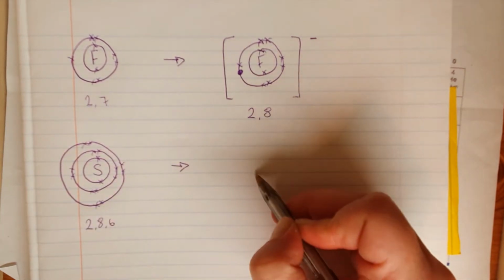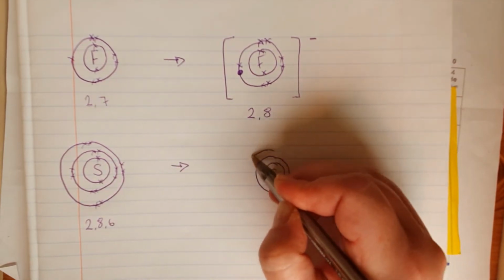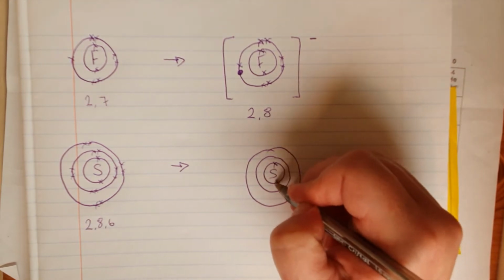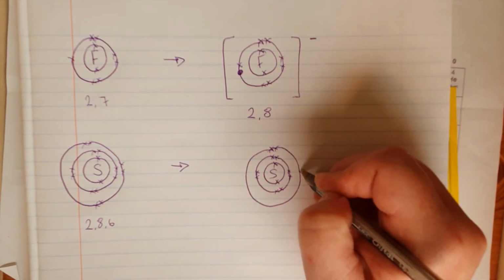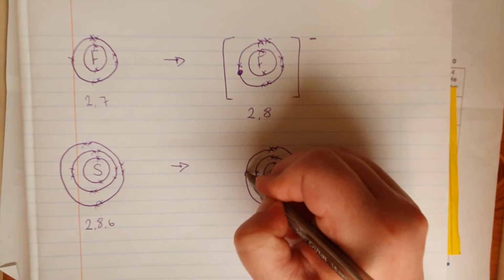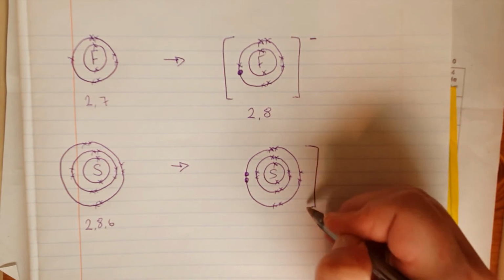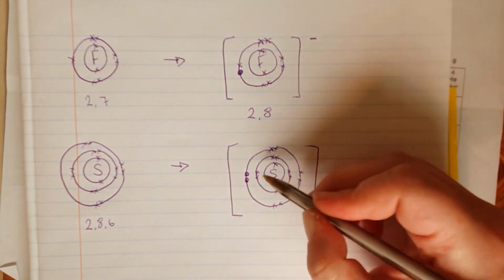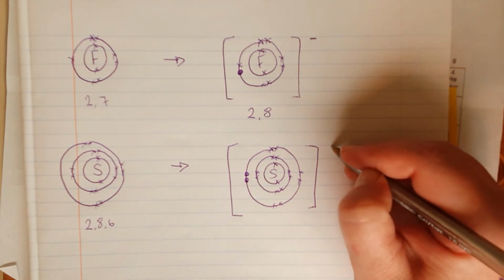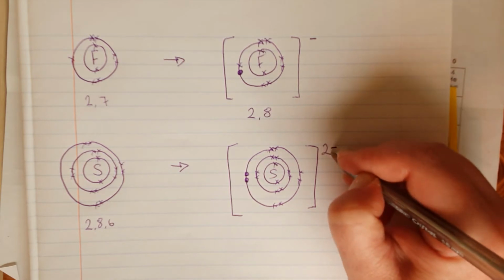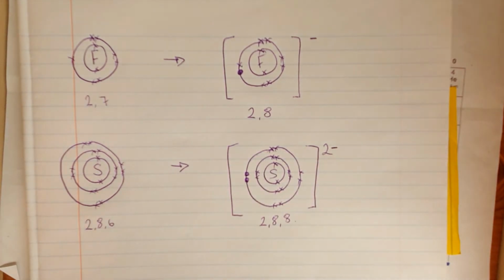And when it fills those 2 spaces, it's still going to have these 3 shells. 1, 2, 3. 2 electrons on the first shell, 8 electrons on the second shell, the 6 original ones, and then 2 new ones that I'm going to draw in with dots. Put my square brackets around. It's gained 2 disgusting smelly teddies, or they'd make you negative, they'd make you a bit sad. So it will be 2 negative, and this time it will be 2, 8, 8.